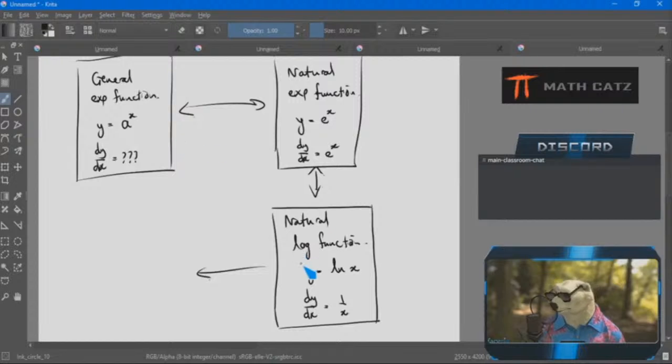So it's really not unreasonable to think, well, the natural log function refers to base e. If I look at a different base, there should be a log function for all of these exponential functions. There should be a general log function as well. And there is. So let me just link these together.